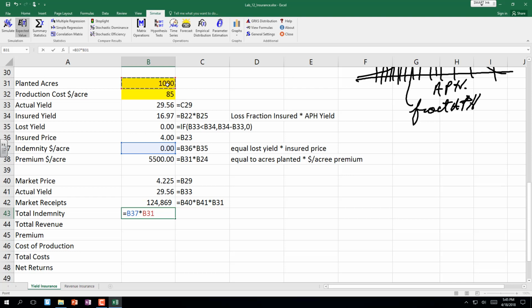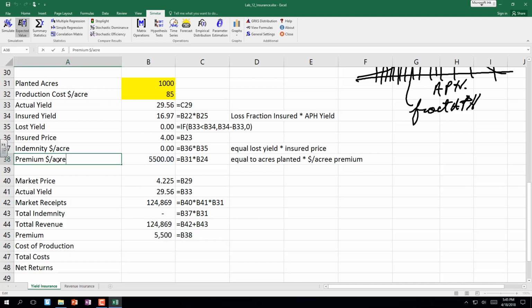Anyone? Okay, good. Now, total revenue is equal to this market receipts plus that indemnity. And that's what you're going to have on your income statement. A premium, we've still got 1,000 acres. Oh, we've already multiplied by acres up there, so we can just say equal this. And if that's the case, I'm going to change the text on this one.